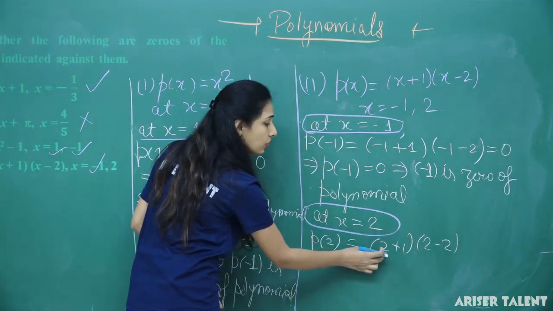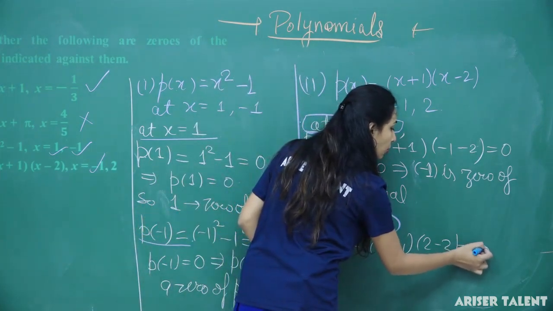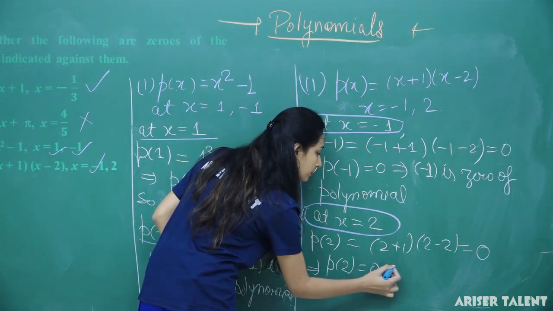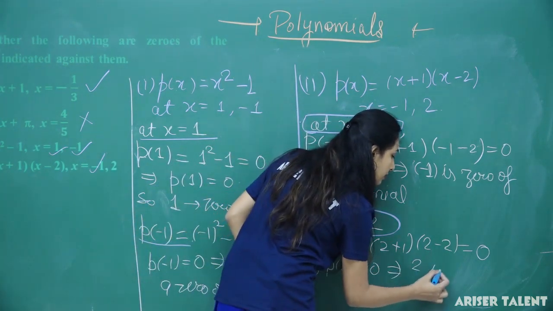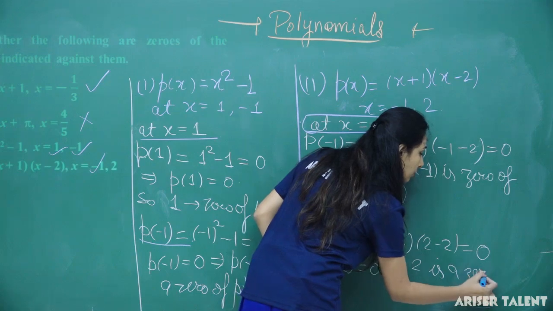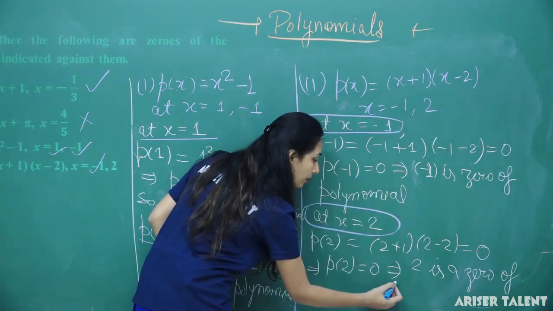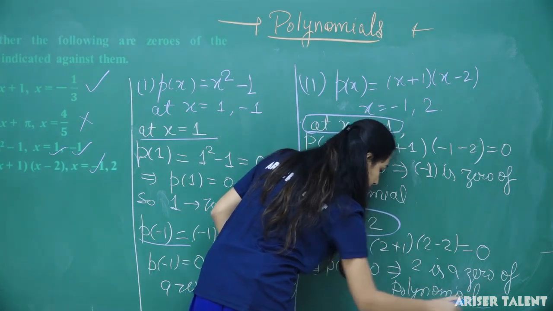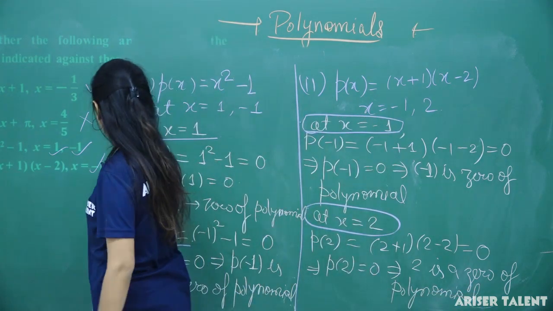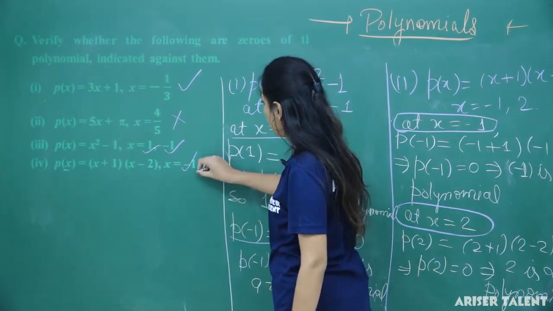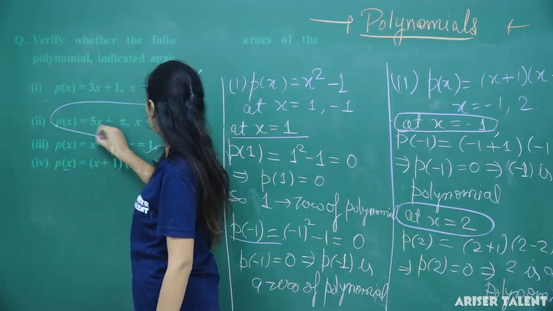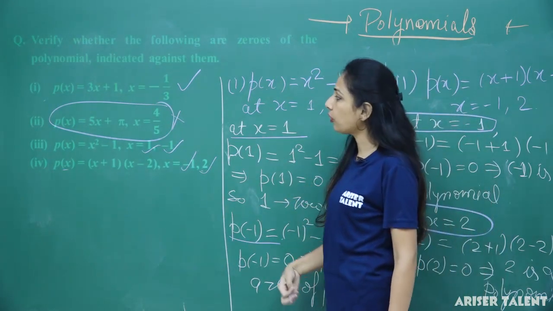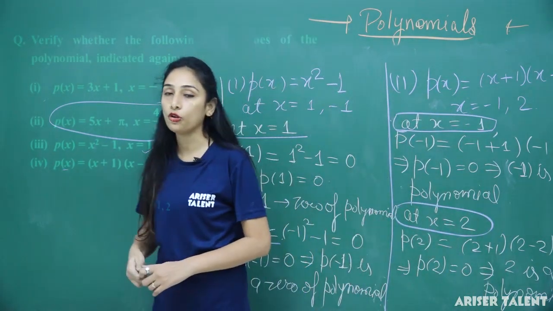Now 2 minus 2 is 0, something multiplied by 0 is always 0, implies that p(2) equals 0. That means 2 is a zero of the polynomial. So what we find out is that this is also a zero of the polynomial. Only at this particular value it is not becoming 0. So this is not a zero of the polynomial, other than that all are zeros of the polynomial.